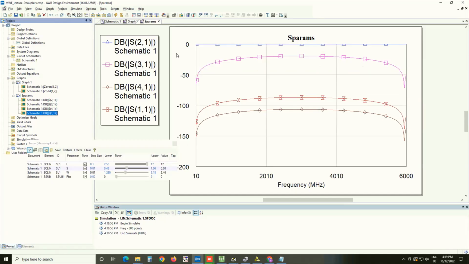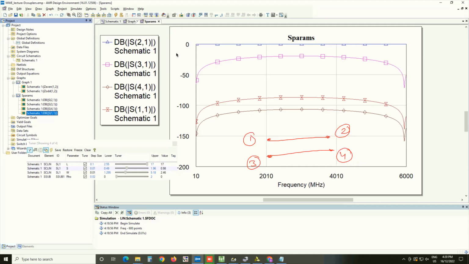One derived quantity related to this directional coupler is something called directivity. So, port 1, port 2, port 3, port 4.